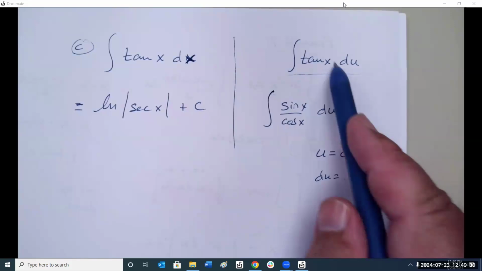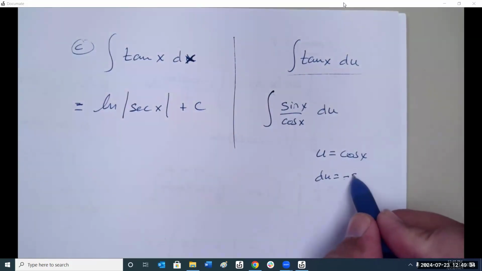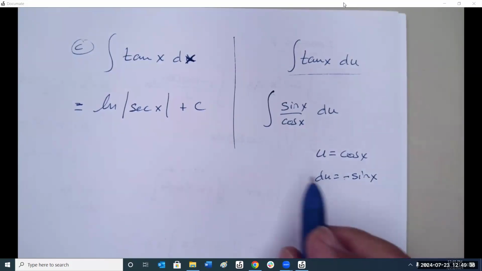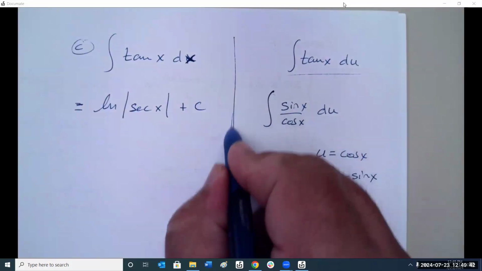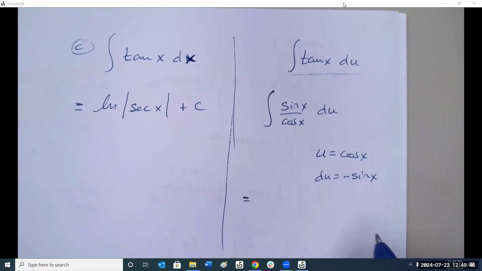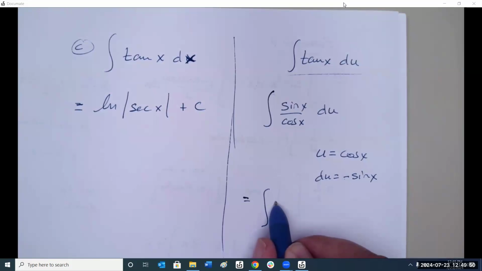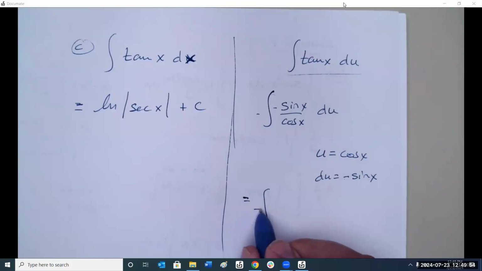So let's look at this. Tangent is sine over cosine. The derivative of cosine is negative sine. So looking at this one, we're missing a negative here, so it's negative du over u.